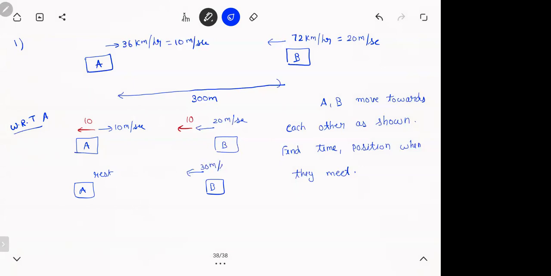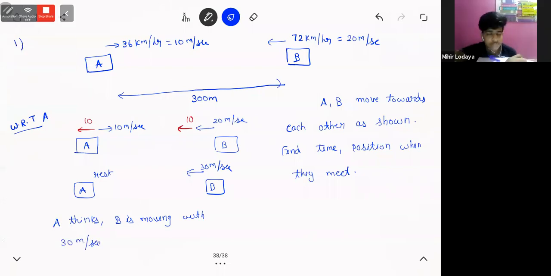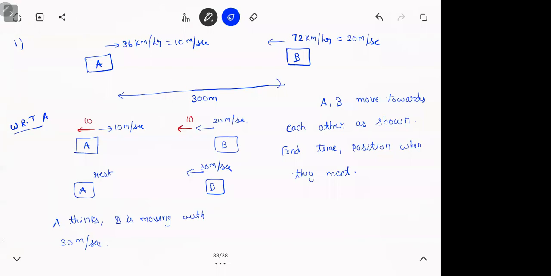Now, you need to understand, B is not going with 30. A thinks B is moving with 30. You getting? It is A's perspective. He thinks B is moving with 30 meters per second. So this is S relative.